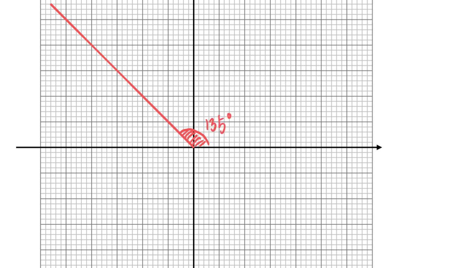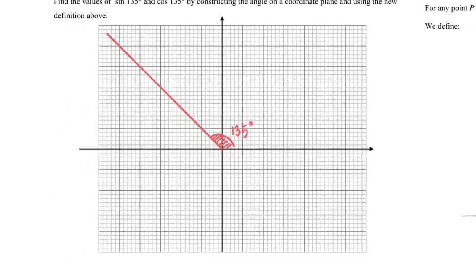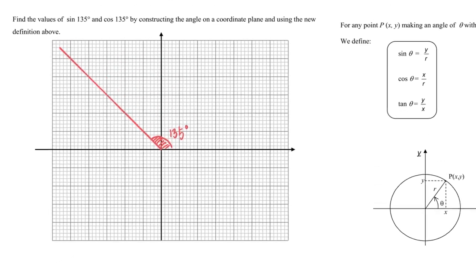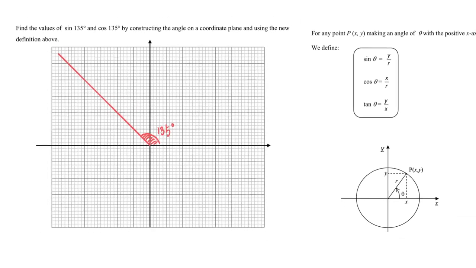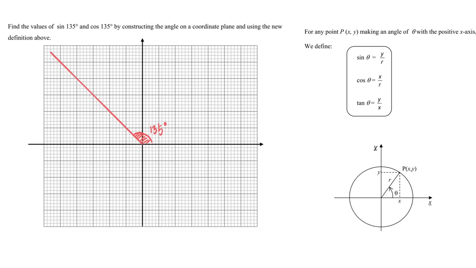And I'm going to choose a convenient point that will allow us to find this particular sine and cosine ratio of 135 degrees, using the definition here where the sine ratio is y over r, cosine ratio is x over r.